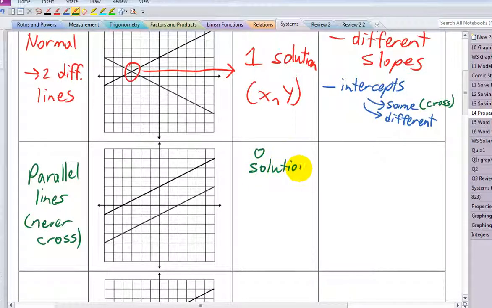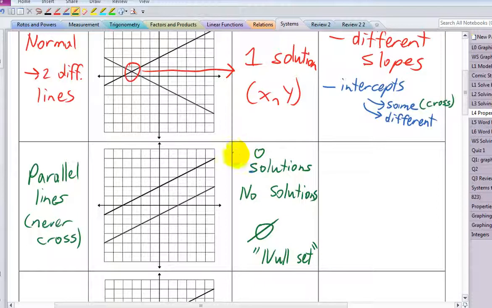Or sometimes you will just say no solutions, or sometimes you'll just write null set, which means no solution. So that's three different possible ways of saying the same thing. Vocab-wise, get to know them all.